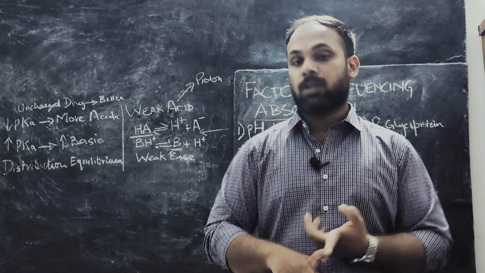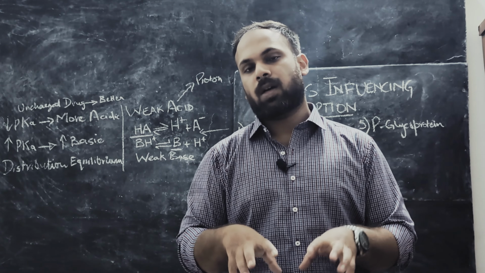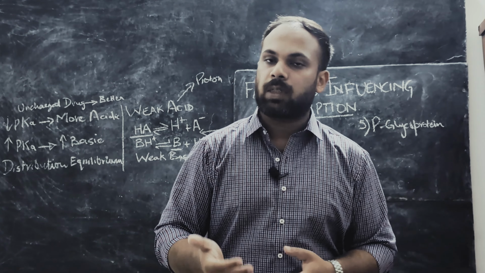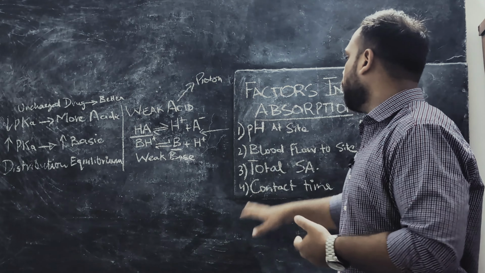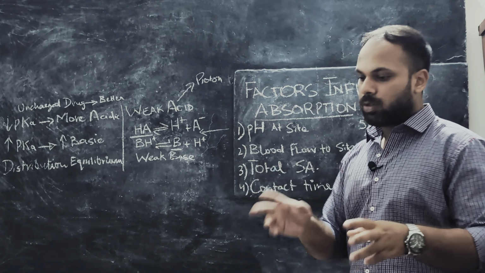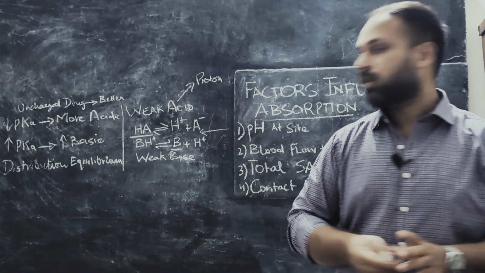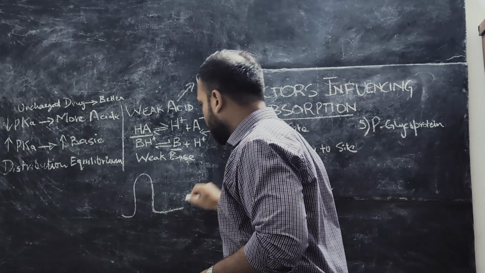Because of these microvilli, the intestines have 1,000-fold more surface area as compared to your stomach. The surface area is important because of the microvilli; I will draw the structure over here. It is just like this.